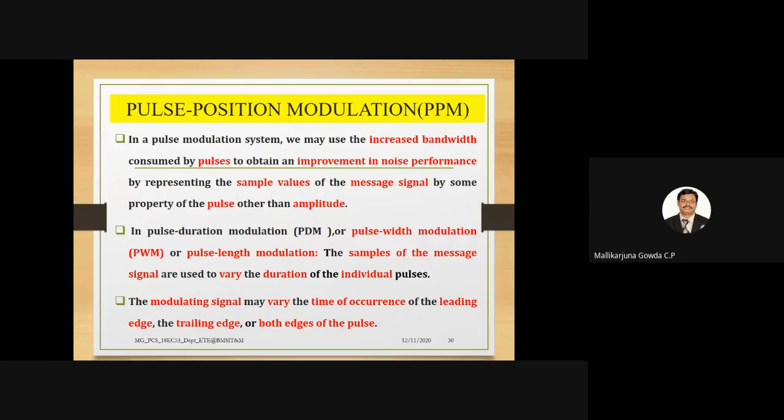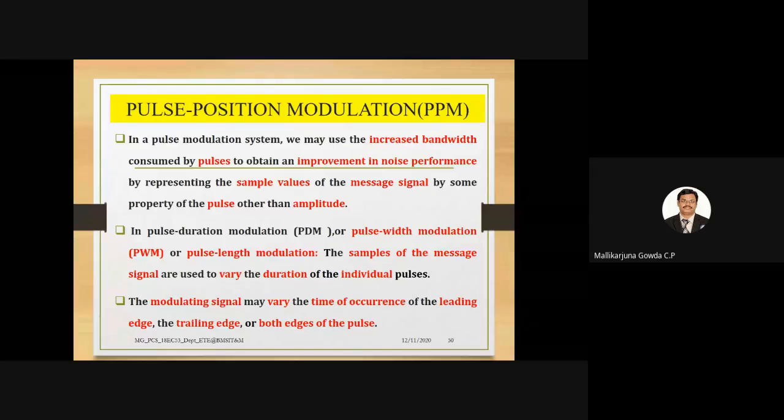We discussed the aperture effect. If I vary the width of the pulse, there will obviously be a requirement of increased bandwidth, but with that we will find an improvement in the noise performance of the system. So we are compromising with that.